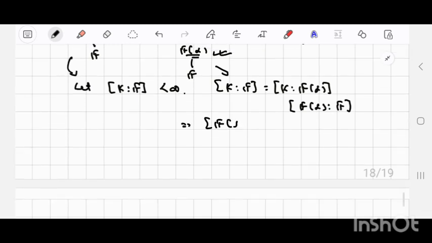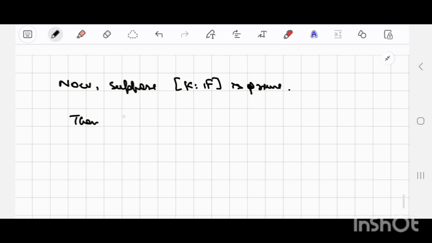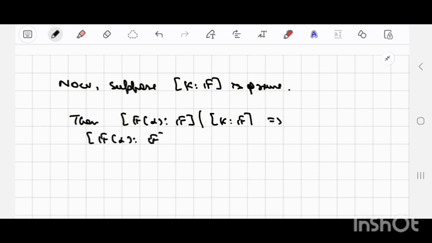This means that the degree of F(alpha) over F divides the degree of K over F. Now suppose the degree of K over F is prime. Then the degree of F(alpha) over F, suppose this is a prime p, is either p or 1.